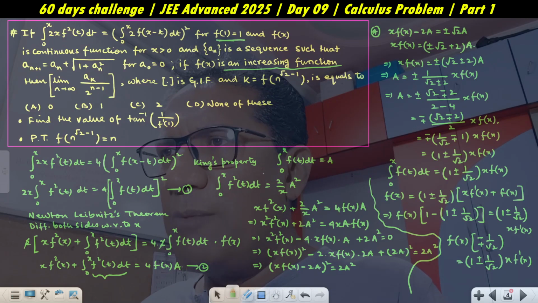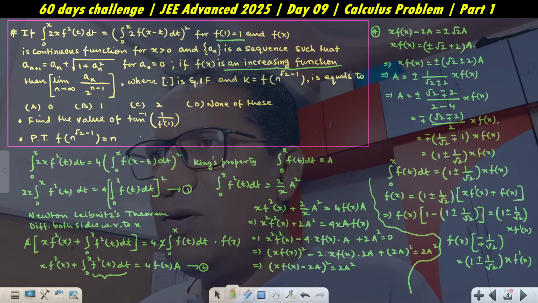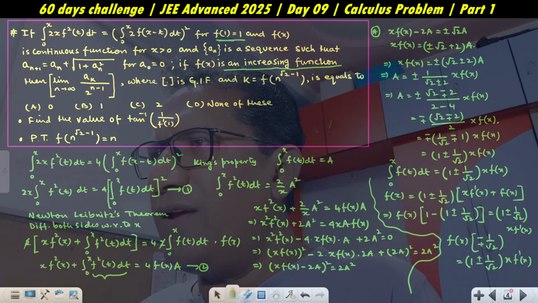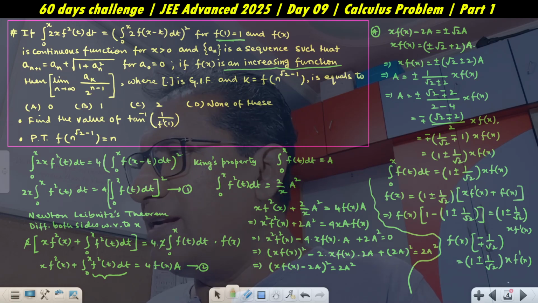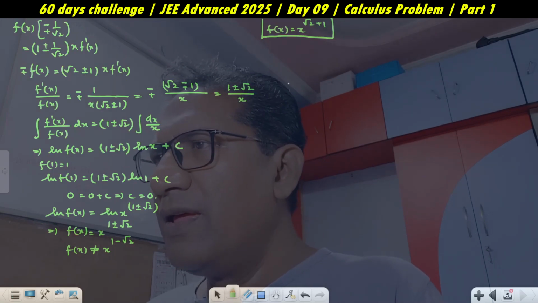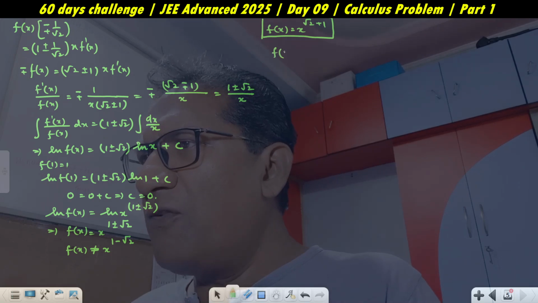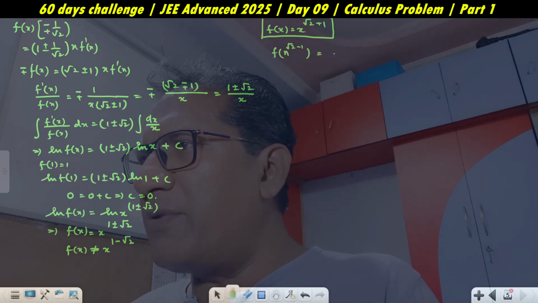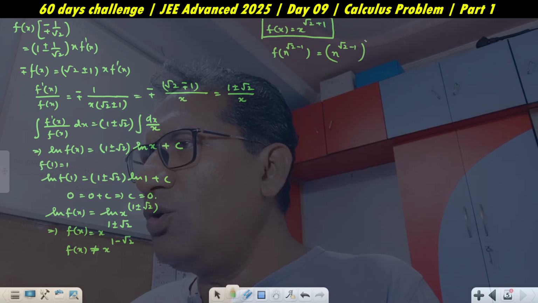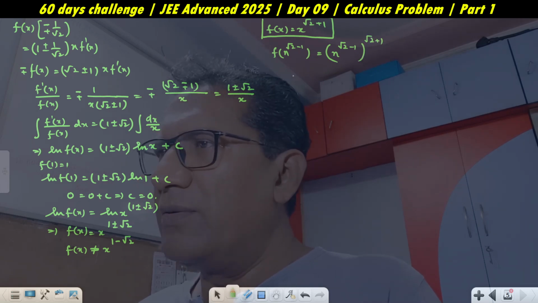What else in the problem? Okay. So, k is your f of n to the power root 2 minus 1. Achha, what about your f of n to the power root 2 minus 1? So in place of x, I'm writing n to the power root 2 minus 1 whole to the power root 2 plus 1.